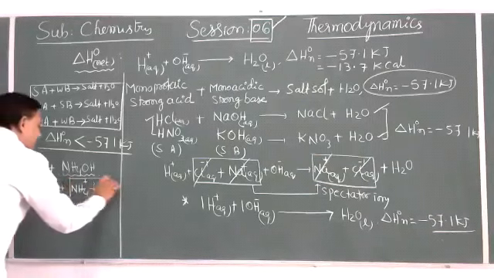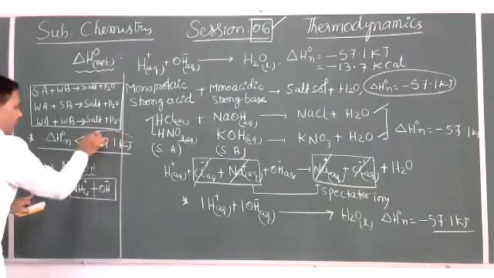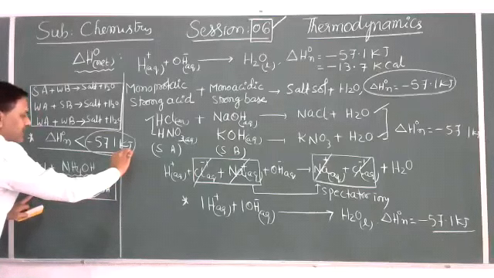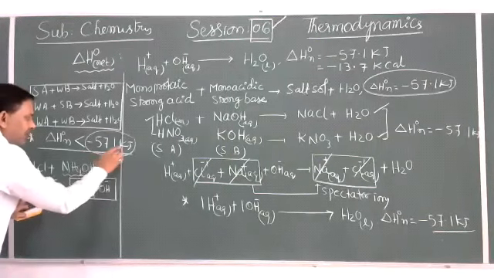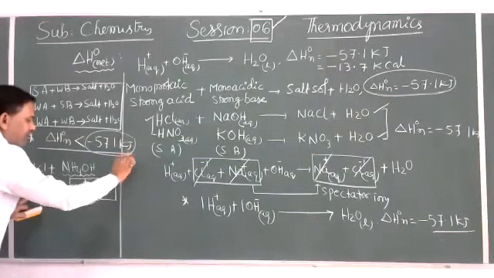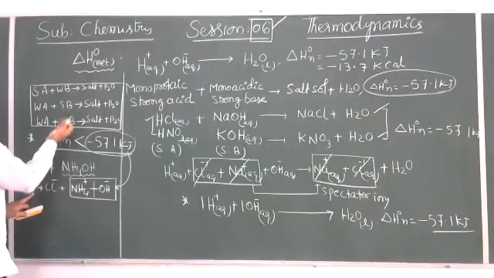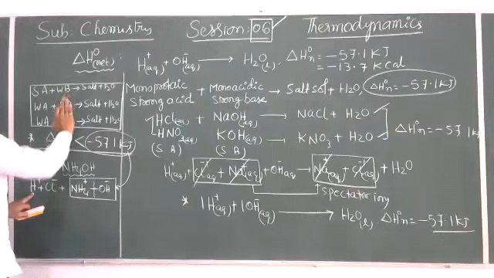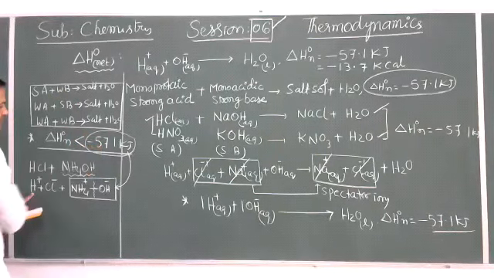To ionize this in aqueous medium, some of the heat liberated in the strong acid and strong base process is utilized by this weak base. Either a weak base or weak acid, any weak electrolyte, utilizes some amount of the heat liberated in this process. That's why it is always less than.